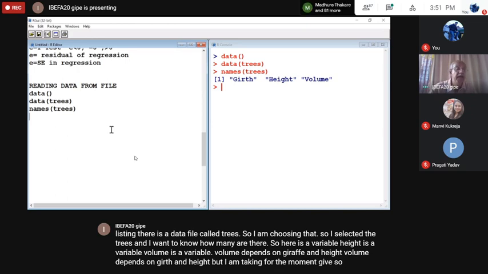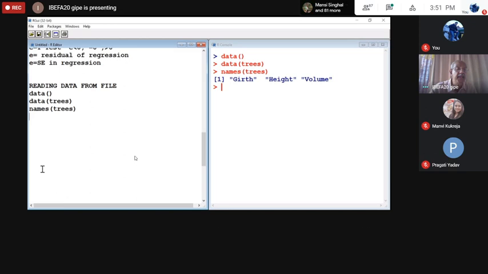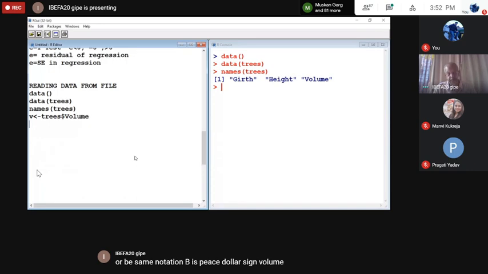So the operation: V is dollar sign volume, T, that is trees, dollar sign girth.